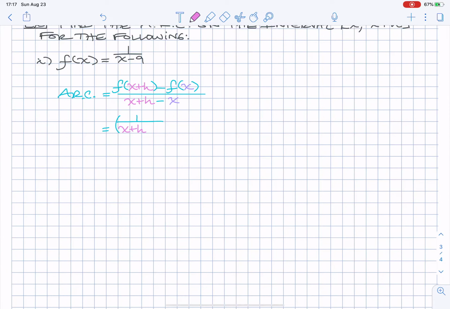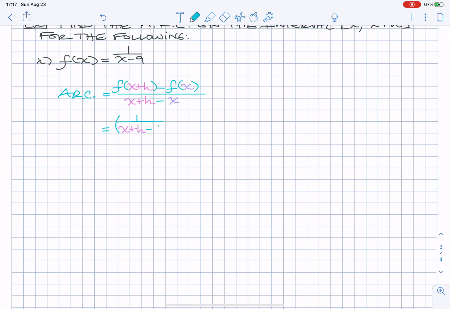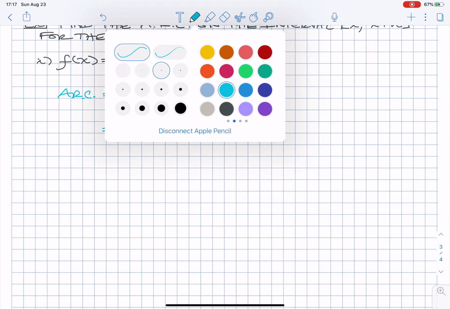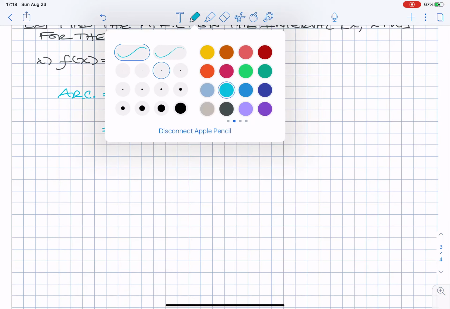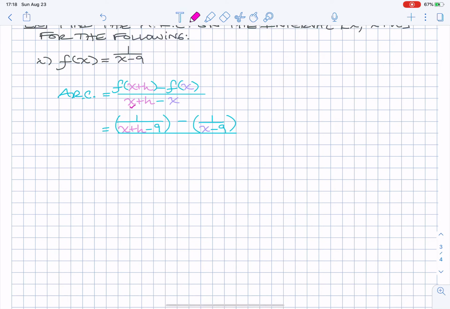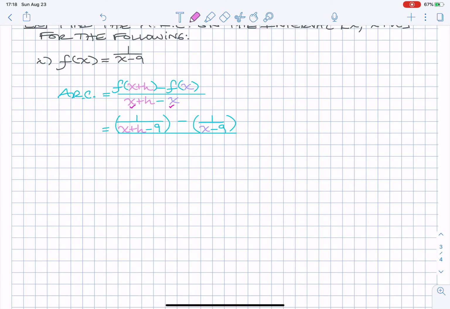Wherever there's an x, I replace it with the whole input x plus h minus 9, from which I'm subtracting 1 over simply x minus 9. It's the same function, not really doing anything. All over, that's just in the numerator. We'll notice that x minus x goes away. So all that's left in the denominator is h.